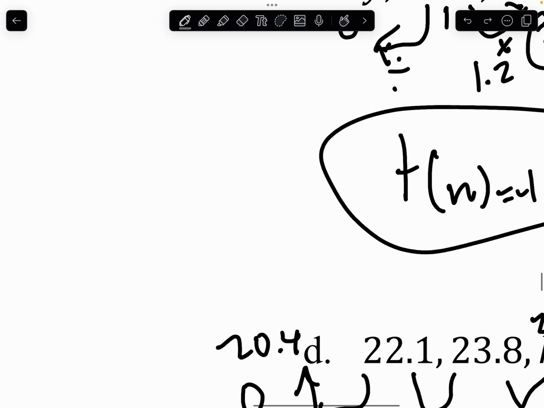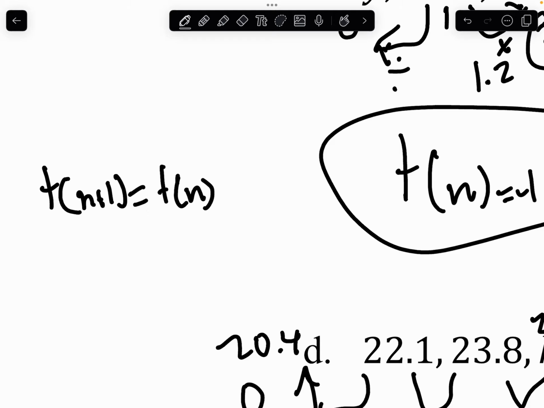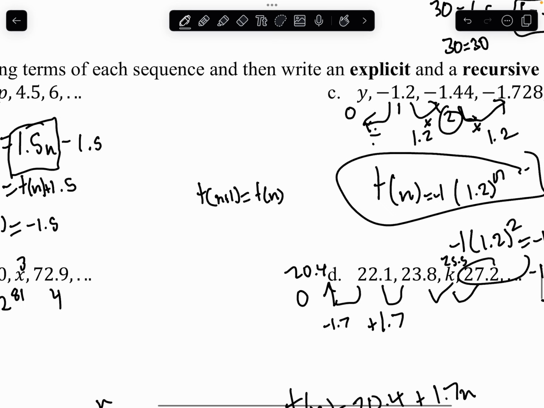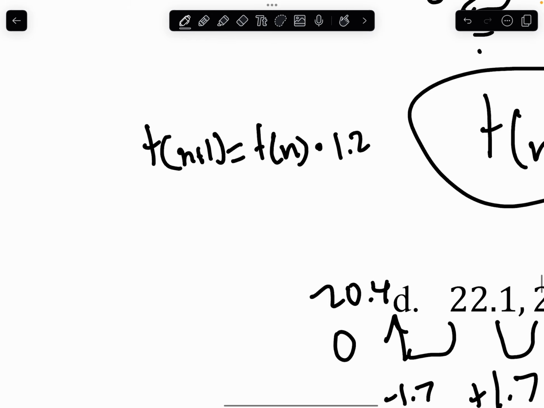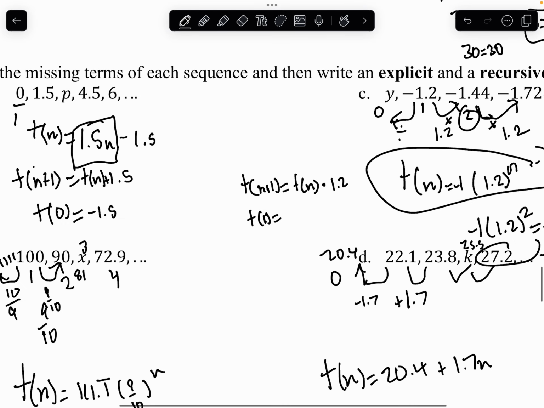Alright, so next one we're going to do t of next term equals the previous term times 1.2, because that's what it multiplies every time. And we'll write t of 1 equals, I didn't do t of 0 that time, but you can if you want.